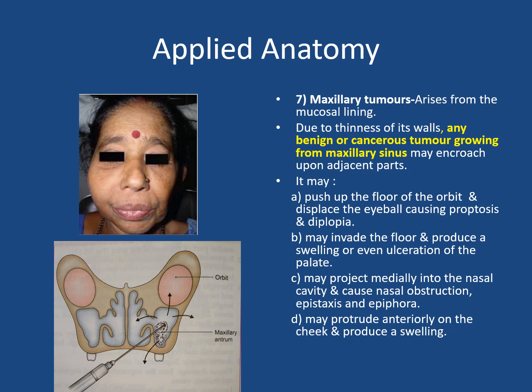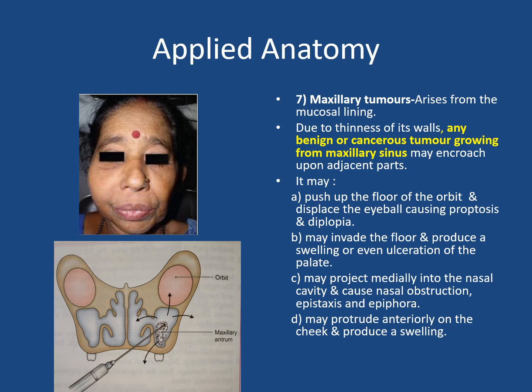Or the tumor may invade the floor and produce a swelling or even ulceration of the palate. The tumor may project medially into the nasal cavity and cause nasal obstruction, epistaxis and epiphora.